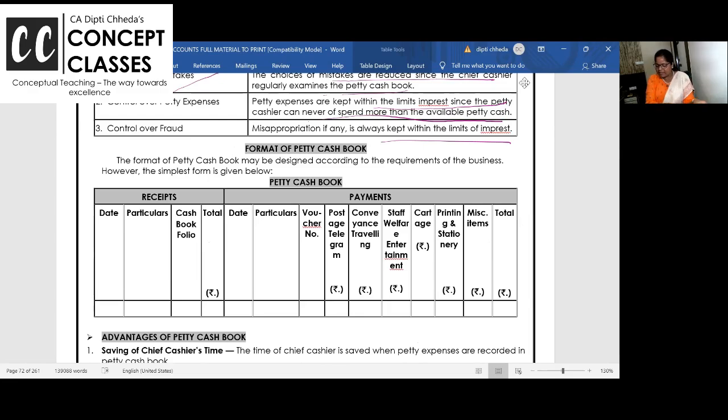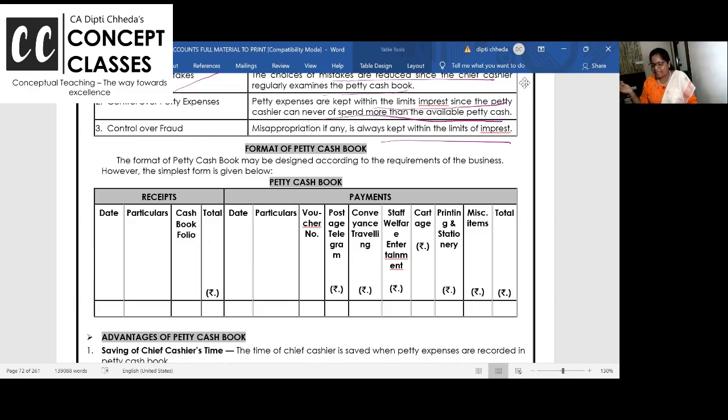And on the payment side: date, particulars, voucher number, if it is there, you write it in the exam, and then all the other details, conveyance and staff and cartage and printing and all. Total. Then date, receipt and date, particulars and receipt.